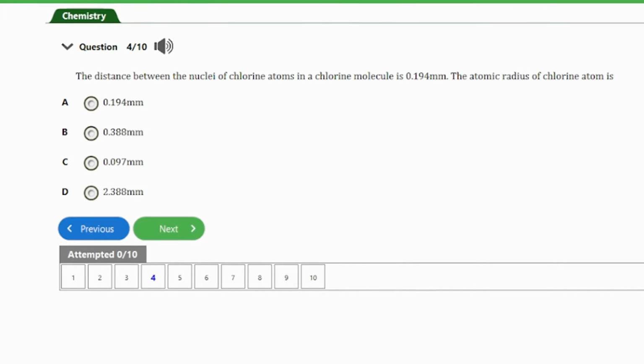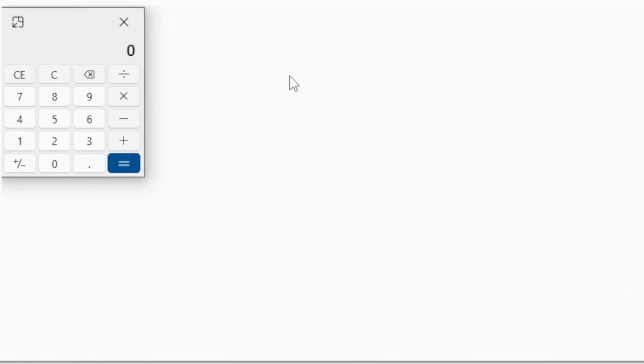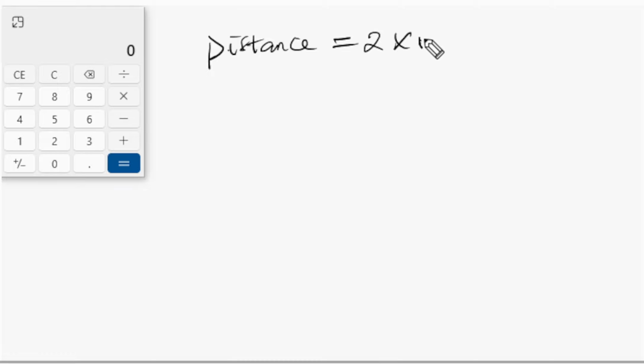So guys, let's go ahead and solve out for this. Let's use our calculator here. So guys, we're going to write down here the distance is equal to 2 times the radius.